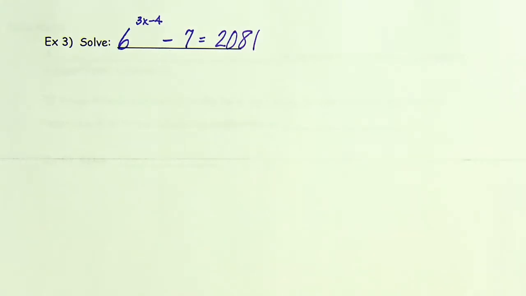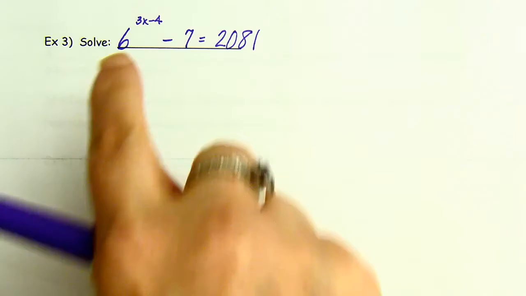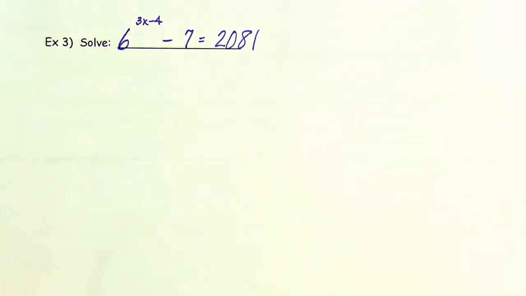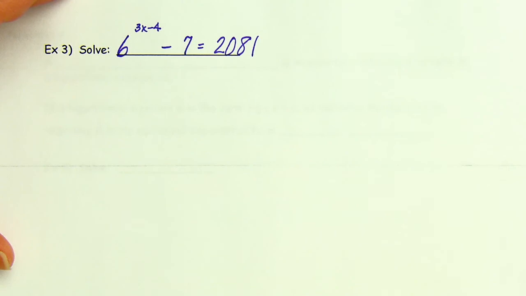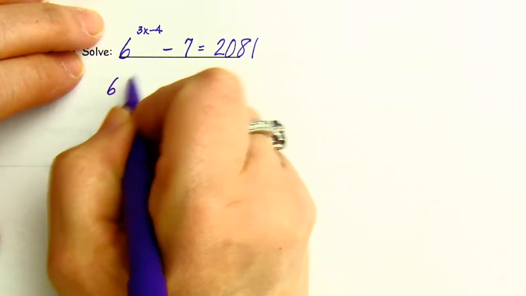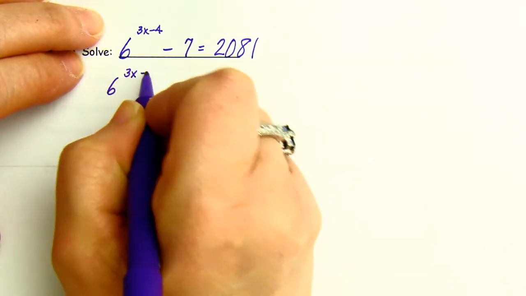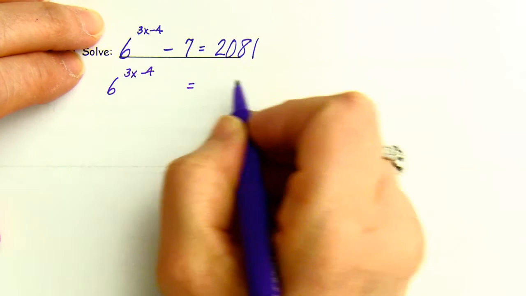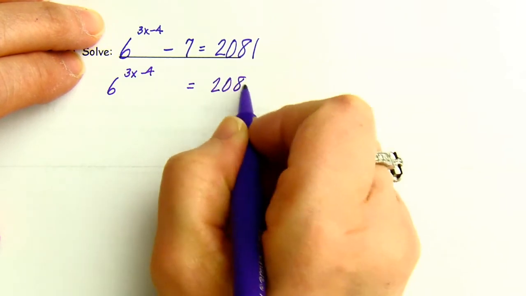You have to isolate the exponential expression. That's this piece right here, which means we have to get rid of the 7. Do inverse operations. That's what solving equations is all about: breaking it down, doing the reverse, taking it apart. The left side is 6 raised to the 3x minus 4 power. Add 7, and this side becomes 2088.